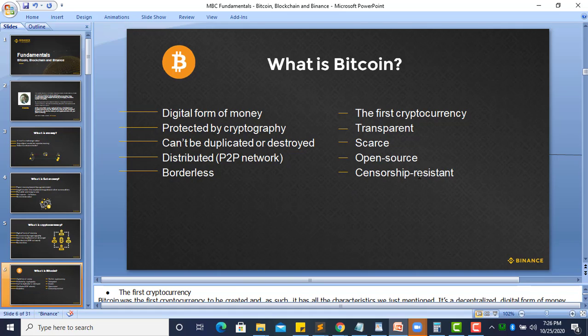So Bitcoin is a digital form of money, like I told you before, protected by cryptography, distributed peer-to-peer, and borderless. Bitcoin is the first cryptocurrency.